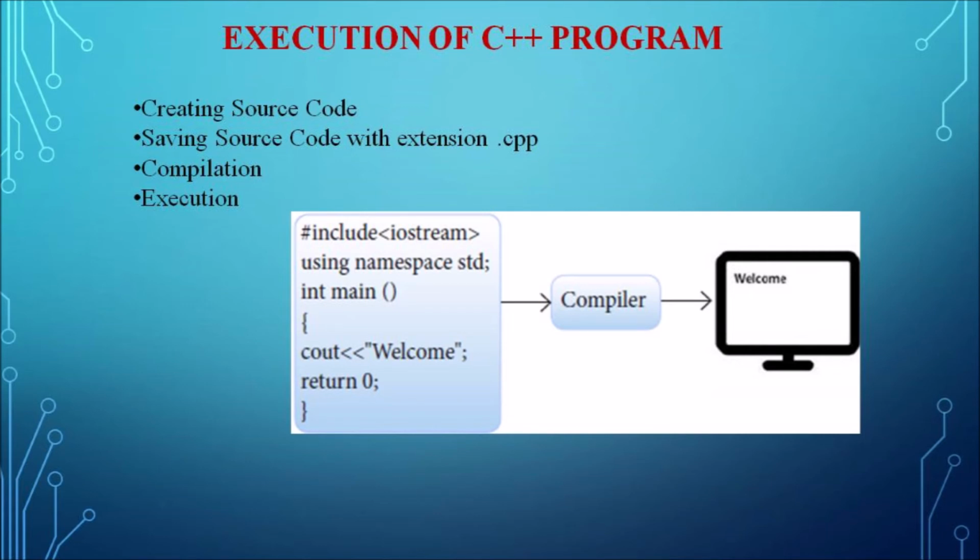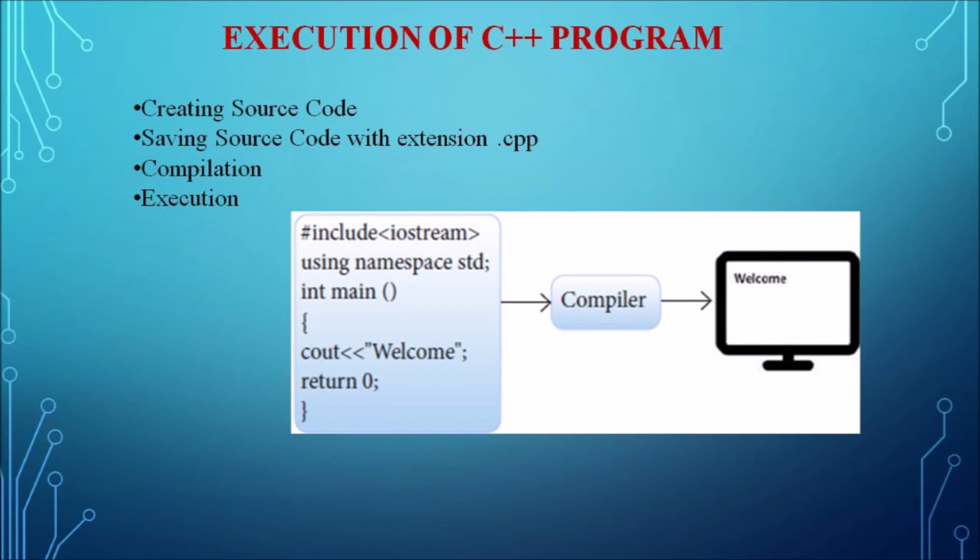So this is the most important step in constructing a C++ program, because in compilation the compiler links the library files. We have told that we are going to include the library files in the first line, that is hash include iostream. So first the compiler links the library files with the source code, and it verifies each and every line of the code, whether it follows the exact given rules and regulations, that is the syntax.